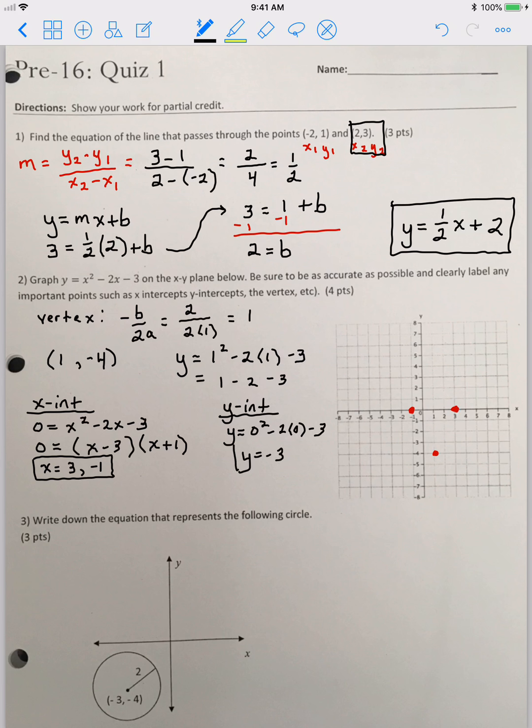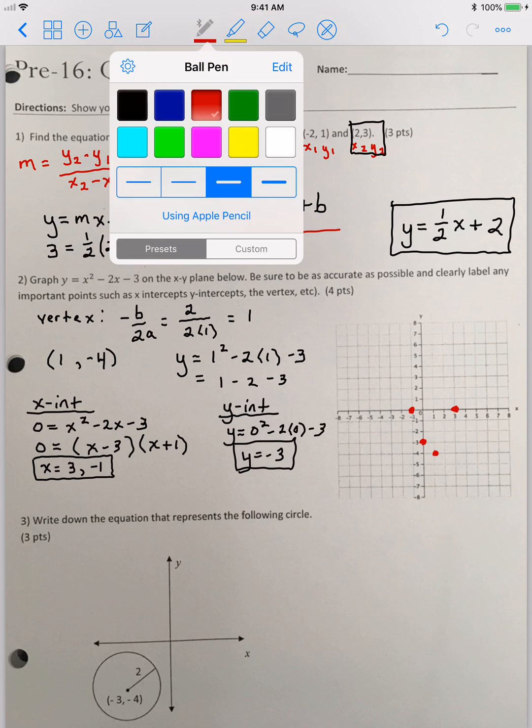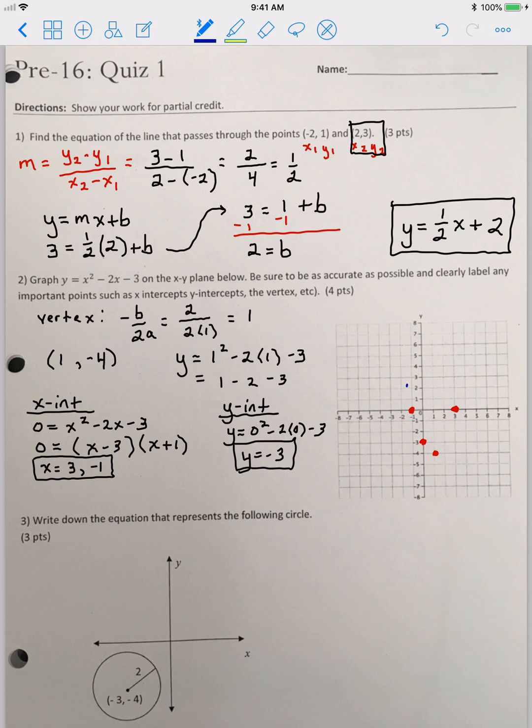And I can go ahead and put that down on my graph. And now we're ready to sketch in my parabola. So I know it's going to look something like this. And I have all of my important points.